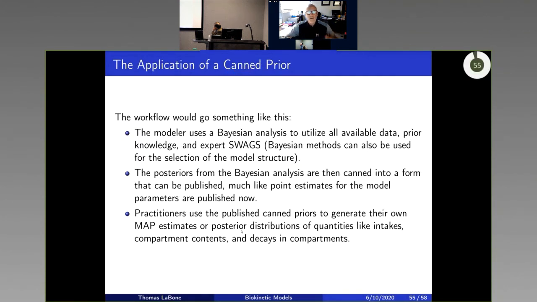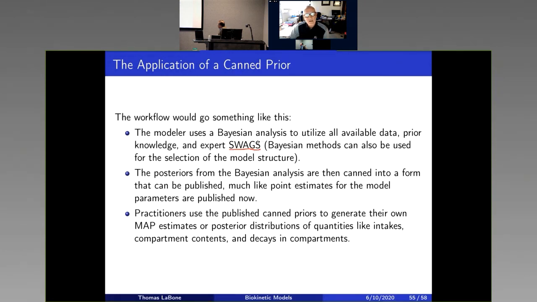So the application goes something like this. The modeler, Dr. Leggett, uses a Bayesian analysis to utilize all available data, prior knowledge, and expert SWAGs to come up with his model. You can also use this for selection of model structure, which Dr. Derryberry was talking about in the previous talk.